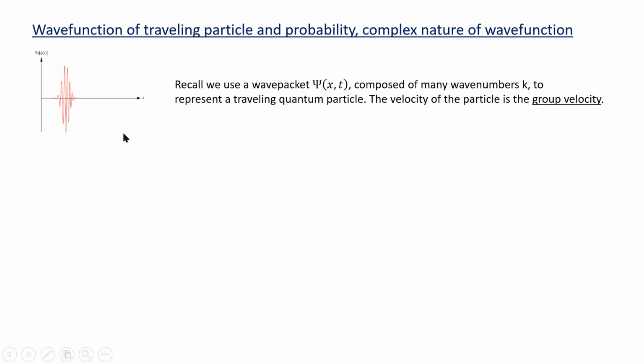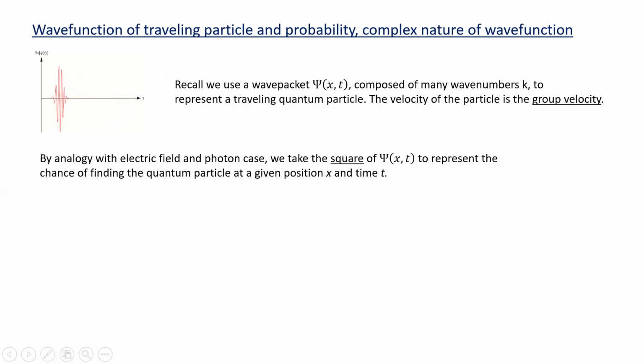Remember, we talked last time, in the context of the Heisenberg uncertainty principle, about using a wave packet, which we called psi, composed of many wavelengths or wave numbers, k, to represent a traveling quantum particle. And recall from last time that the velocity of the particle is the group velocity, the velocity that the whole packet moves, not the velocity that any of the component wave numbers k are moving within it.